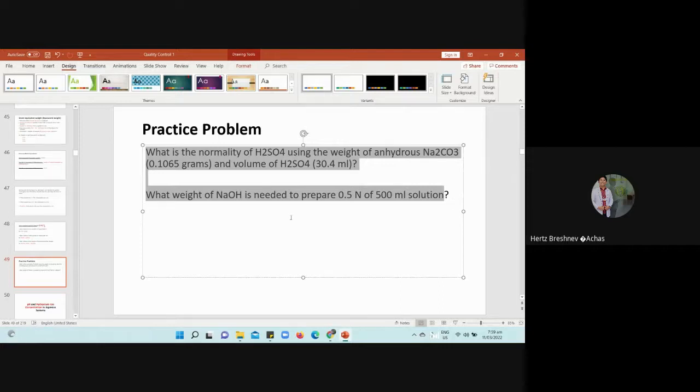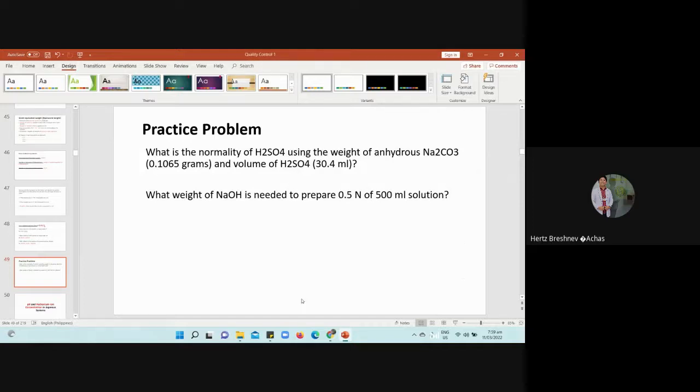And then may I ask those students nga naka-participate gyud sa face-to-face, please help your classmates na sa online. This is not a competition, this is teamwork. You help them. Let us move together. No one will be left behind.